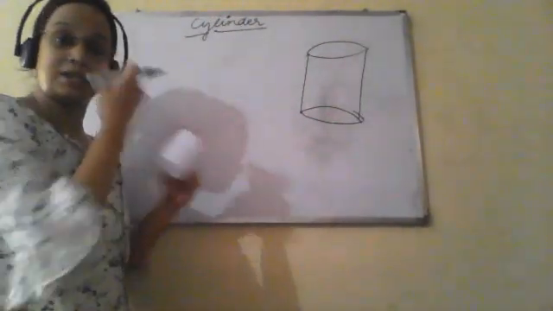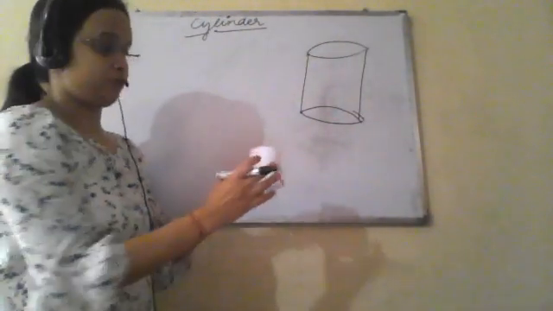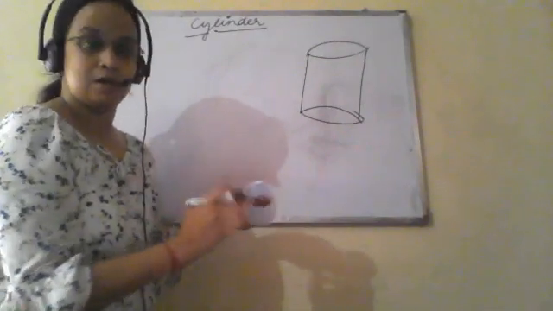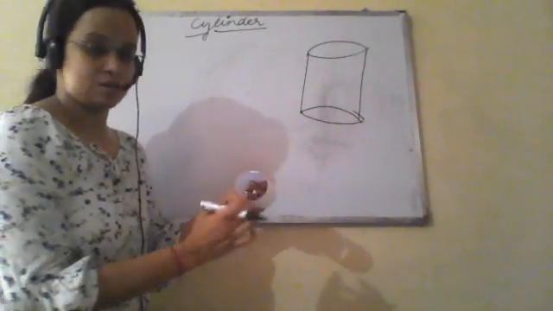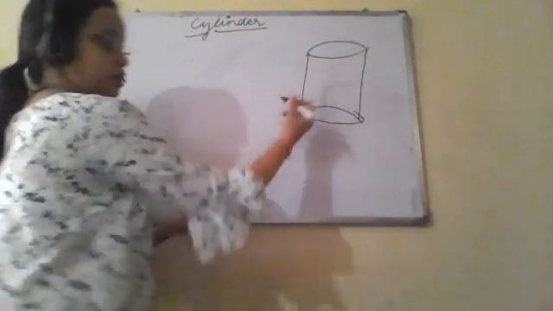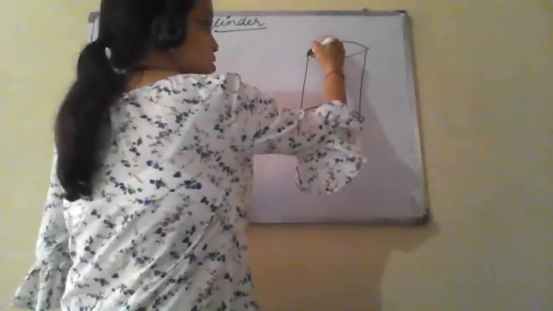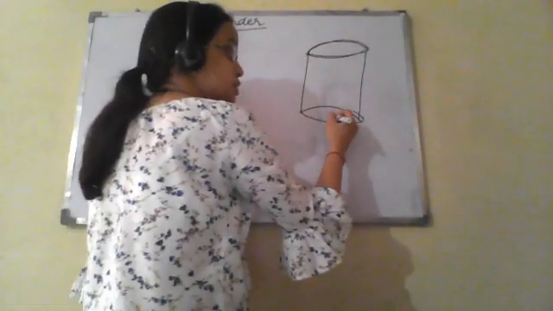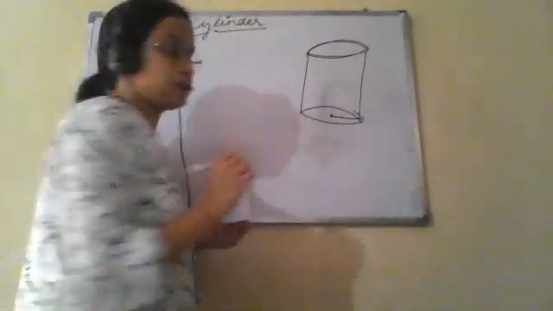This is somewhat of a cylinder. If we look at it from the top and bottom side, we will find circular faces. This is called the curved surface, and these are circular faces. This is the radius. Two parameters are there in a cylinder.